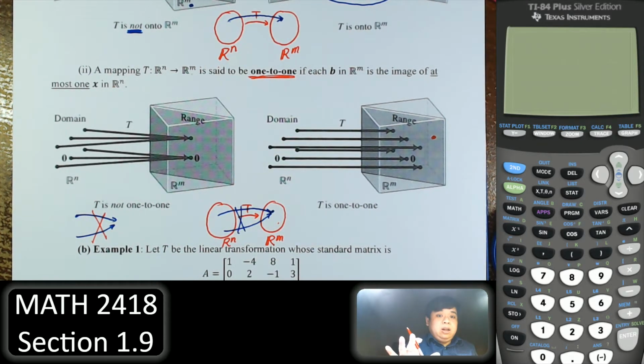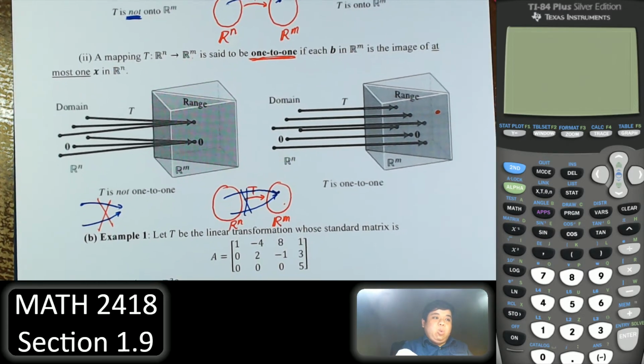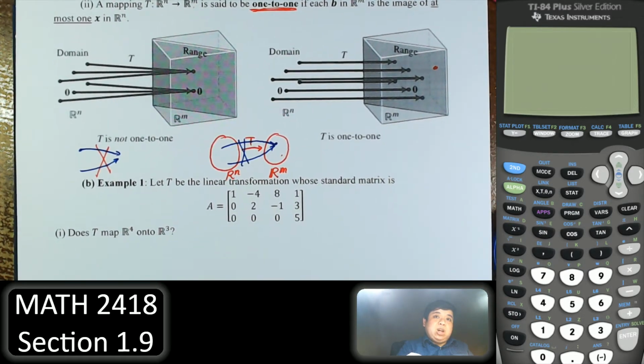That's still okay. But we cannot have two points shooting at the same point on the target. That's just a definition. Of course, later on they will tie everything together. That's why this section toward the end of the chapter is very good. It connects all the ideas into one concept.